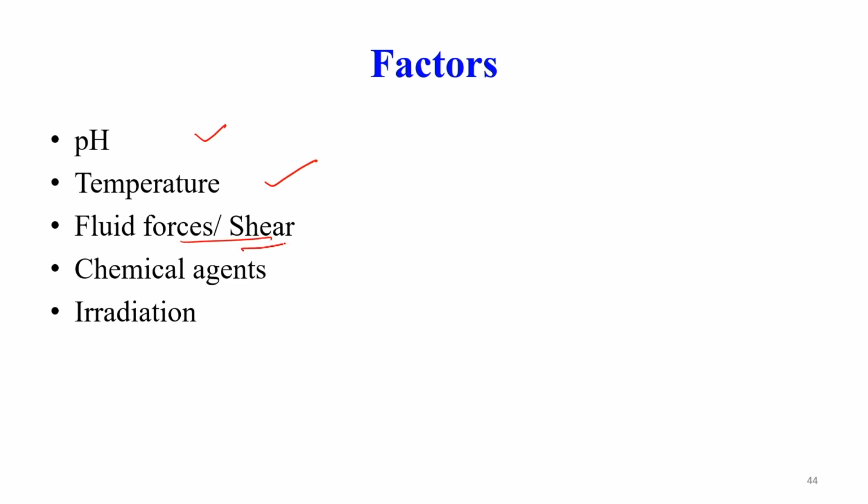Fluid forces: when you go into the bioprocess, we have the mixing and the fluid flow, and these exert shear force on the protein molecules or enzymes, and in the presence of shear it can still lead to conformational changes of the enzymes.